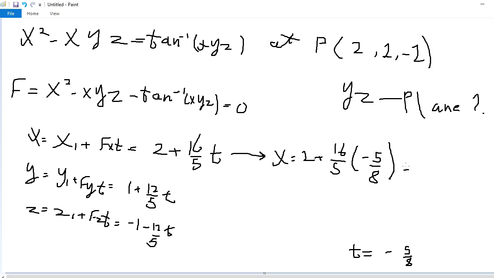What do you think the answer is going to be? It's going to be 0. If it's not 0, then there is something wrong you did, because for the intersection with y and z we said that x is equal to 0, and my solution found t is negative 5 over 8. So if x here is not 0, there is something wrong with your solution. You can try it again. The answer of t must be negative 5 over 8.